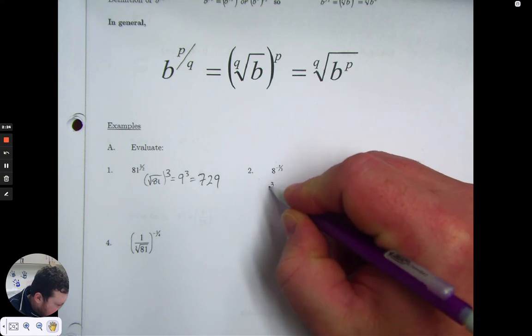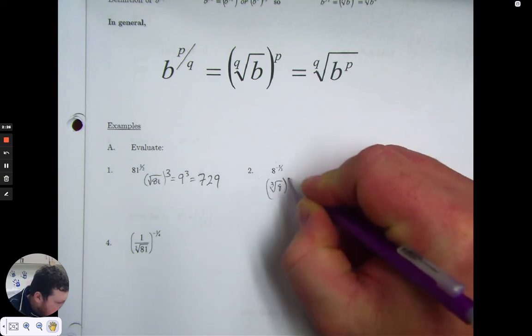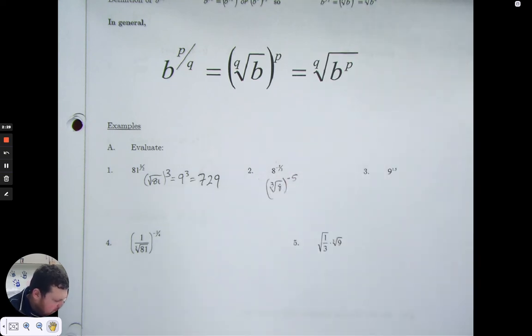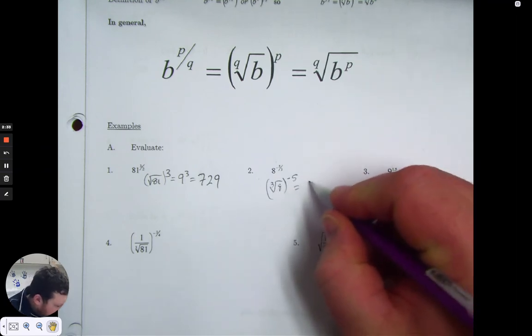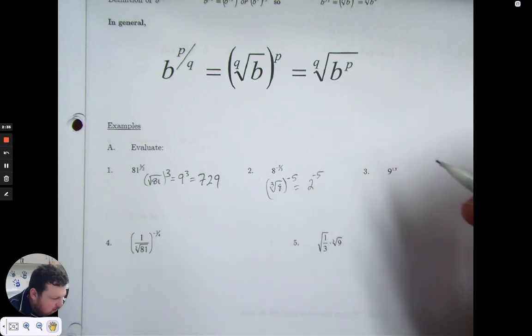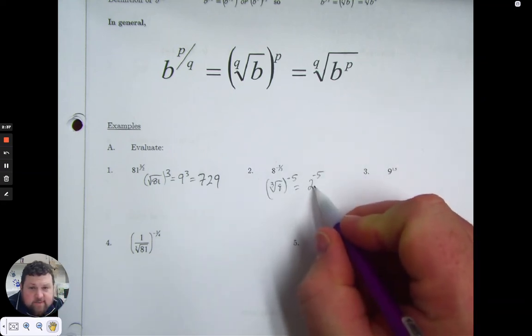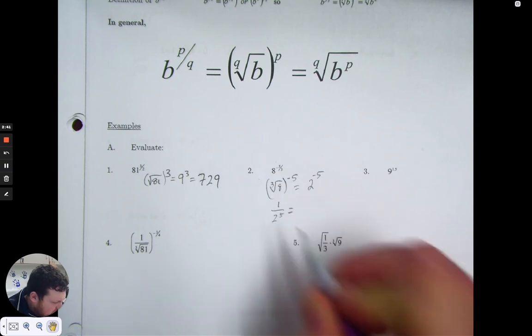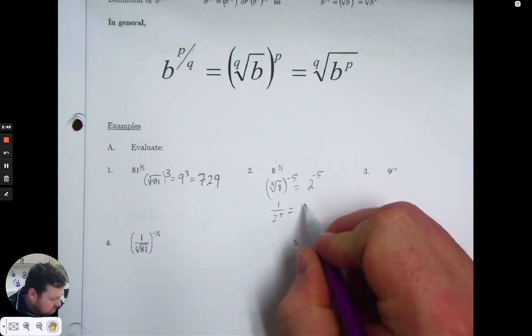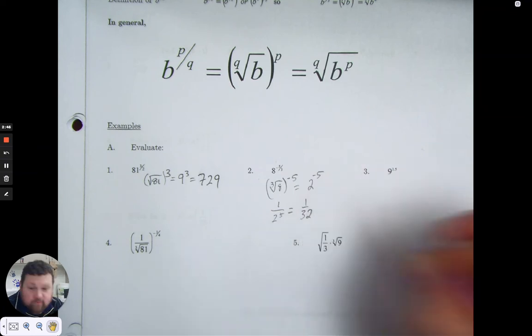So if we write this as the cube root of 8 to the negative 5th, we can now take the cube root of 8, and that's just 2 to the negative 5th. If you remember, negative exponents turn it into fractions, so this is really 1 over 2 to the 5th power, which means it's really just 1 over 32.